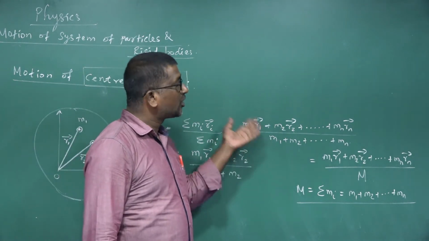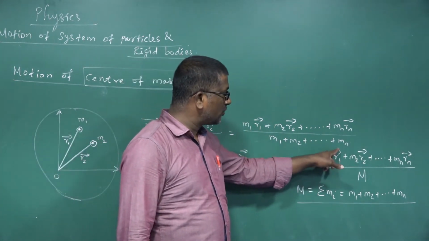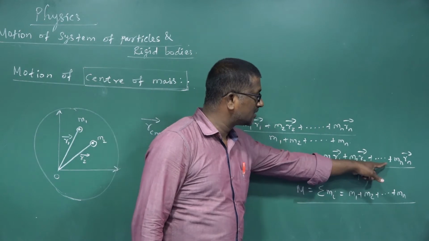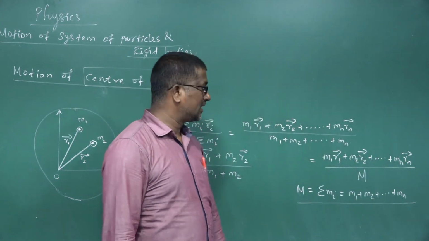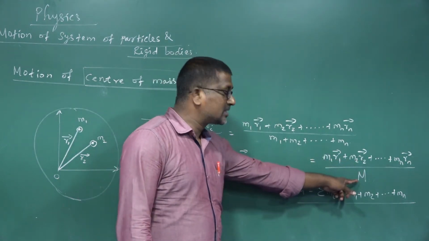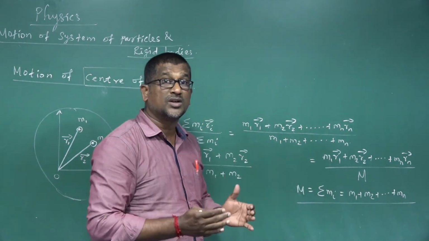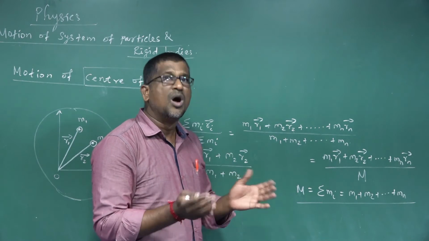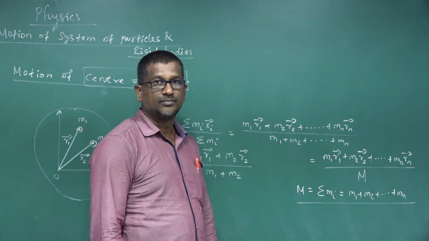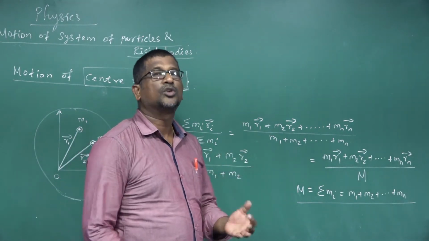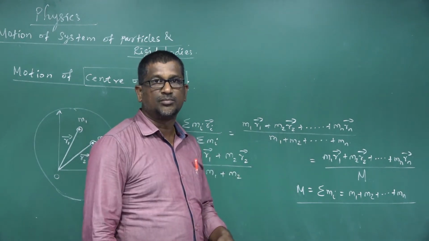This equation can also be written as m1 r1 vector plus m2 r2 vector plus etc. plus mn rn vector divided by capital M. What is capital M? The total mass of all the particles in the rigid body. How can you calculate it?